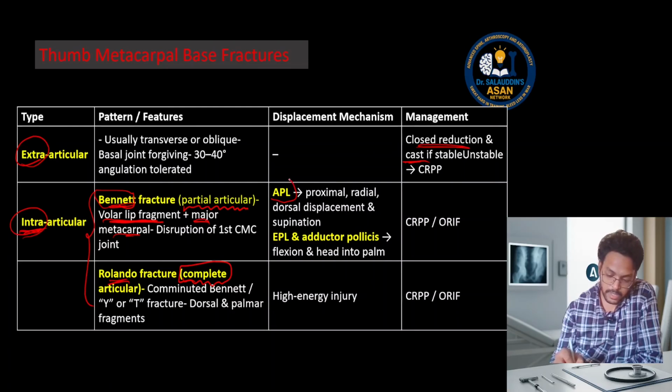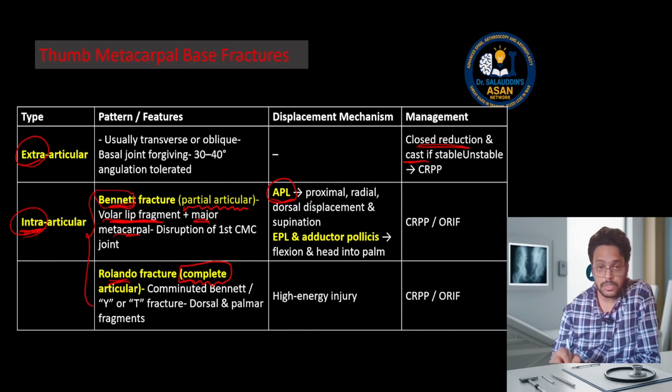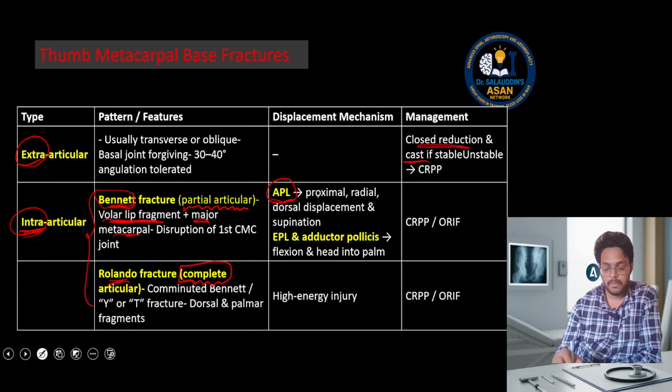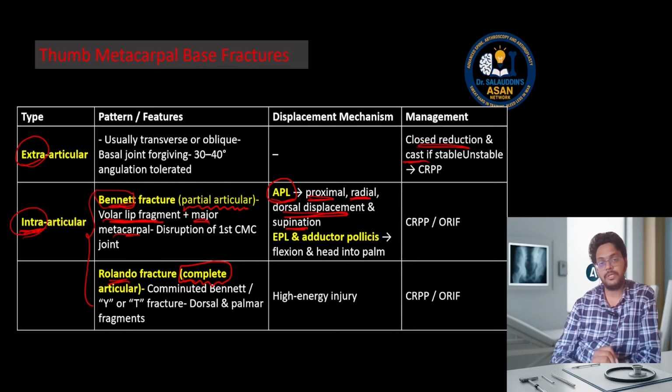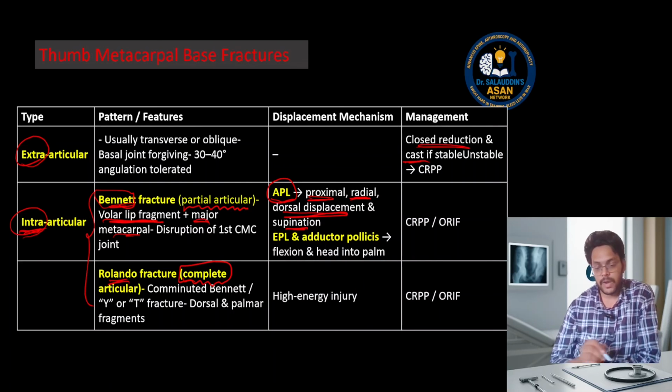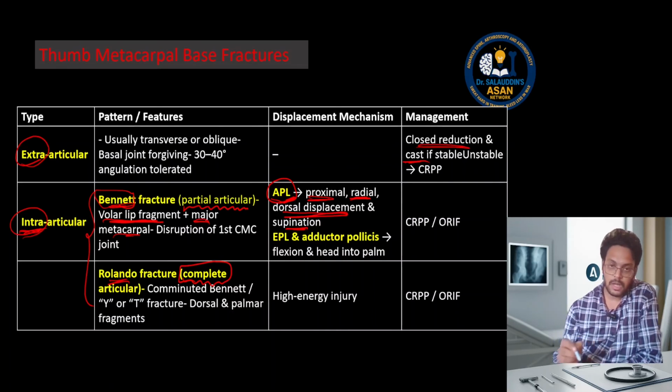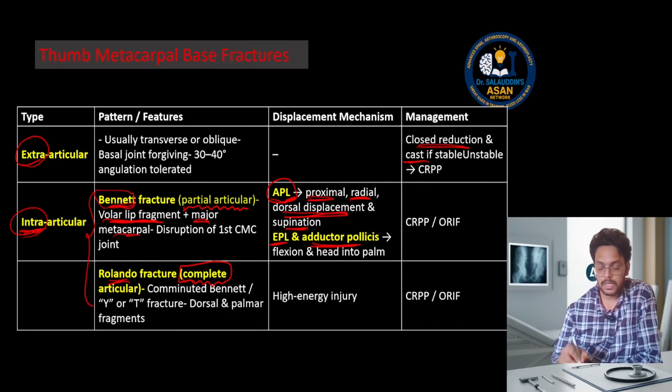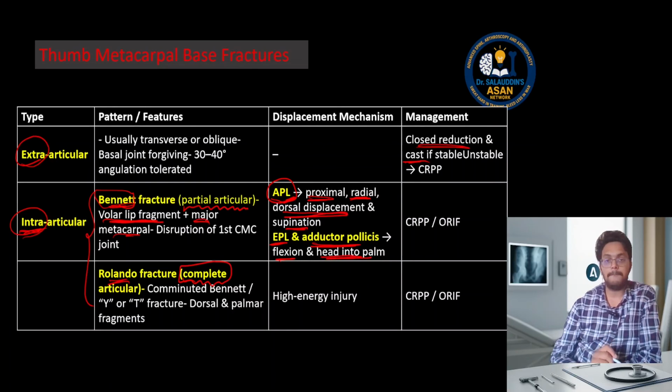Because the abductor pollicis longus pulls the distal fragment proximally towards the radial side, and there is a dorsal displacement and supination of the distal fragment by the abductor pollicis longus, and also the extensor pollicis longus and adductor pollicis. These pull the distal fragment into flexion and the head of the metacarpal into the palm.